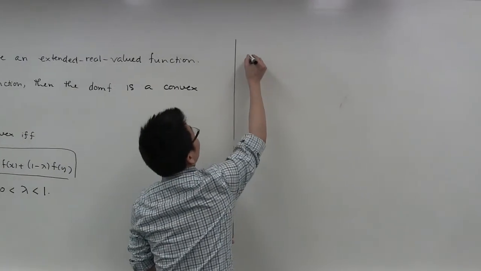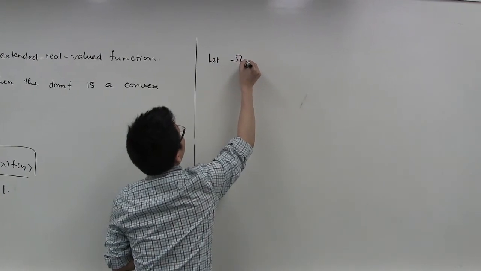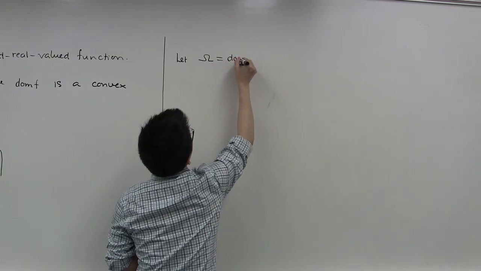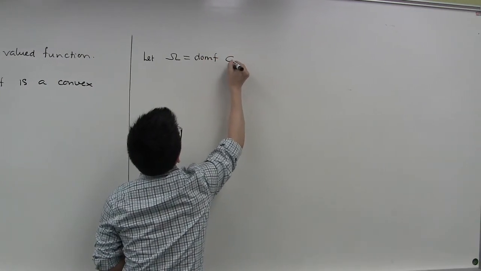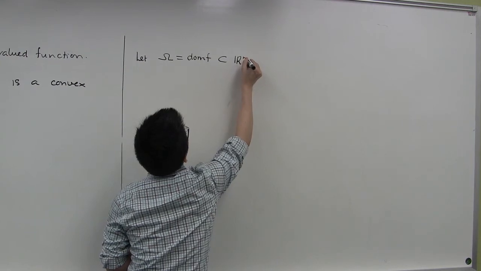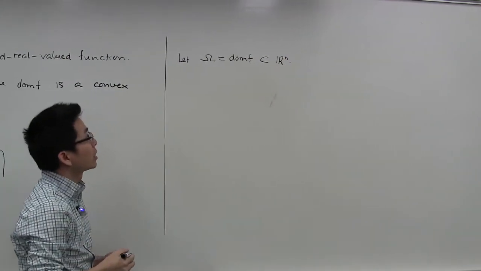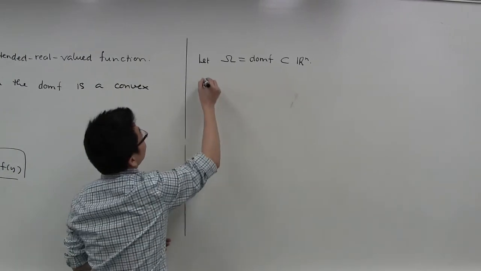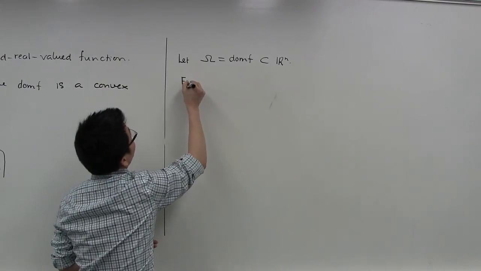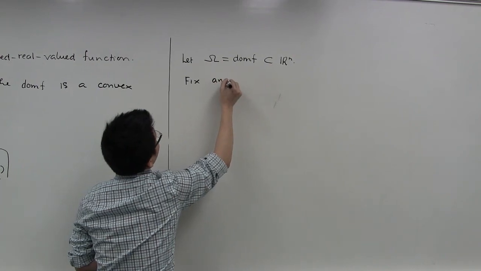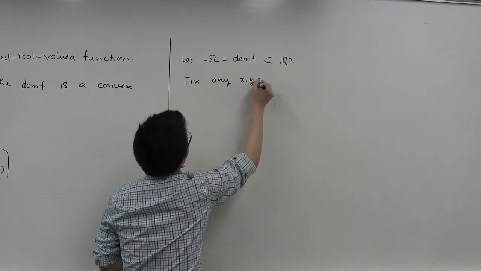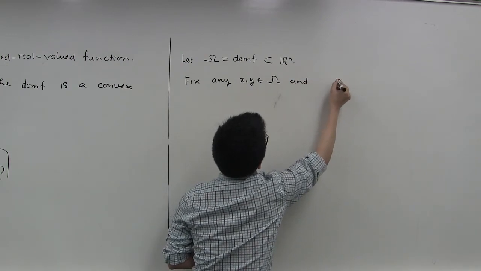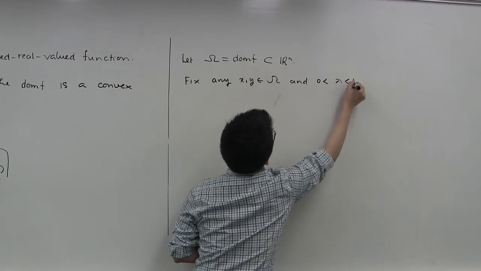So let omega be the domain of the function f, and this is a subset of Rn. So we're going to show that omega is a convex set. In order to do so, we fix any x and y in omega and any number lambda in the interval 0, 1.